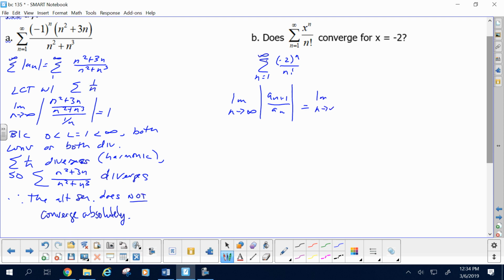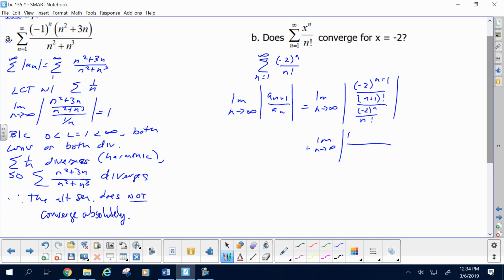The limit as n goes to infinity of -2 to the n plus 1 over n plus 1 factorial over -2 to the n over n factorial. I'm going to do a little cleanup on this.